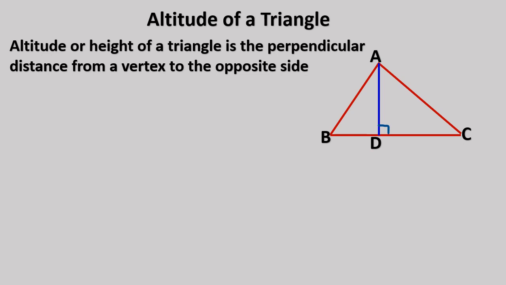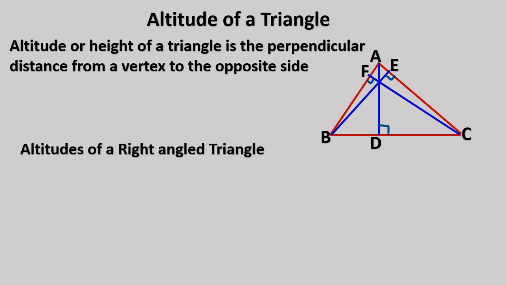D is not the midpoint of BC. Okay. Now B to AC also we can draw the perpendicular, and the 90-degree line from C to AB. So AD, BE, CF are altitudes of this triangle ABC.